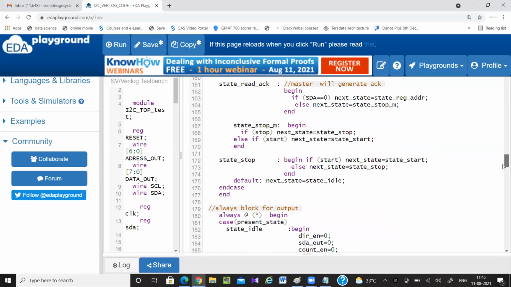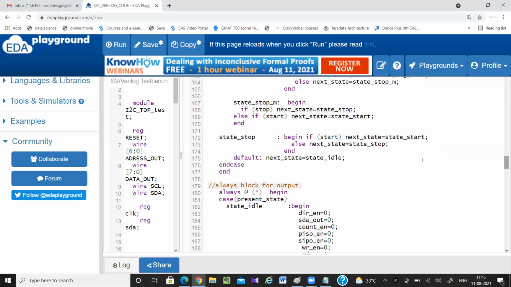So now in the stop aim state, you can see it is waiting for the stop signal. If stop signal is equal to 1, it will go to stop state. If start signal is equal to 1, it will go to start state. So here it is waiting for the signals. Next, after stop state, it can remain there, or if it receives any start signal, it can go to start state also.